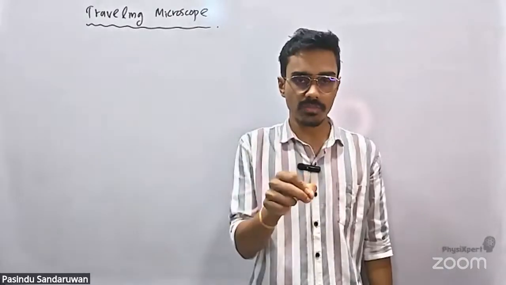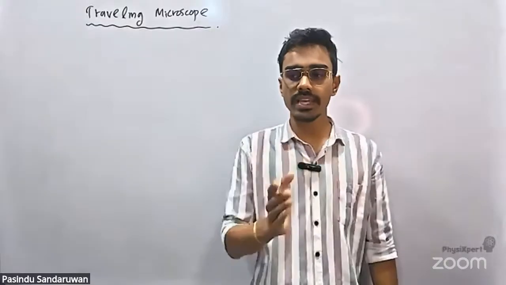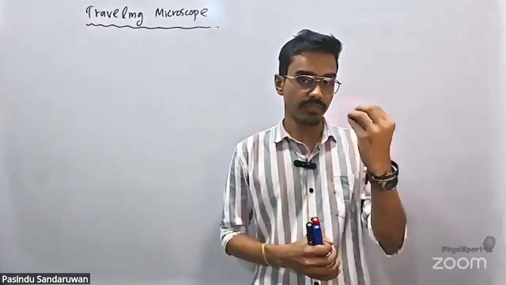Before starting, just know that a traveling microscope has a microscope, and especially that microscope part can be moved here and there. We will see how you can move it when we take a reading in the coming parts. Because of that movement, it's called a traveling microscope.